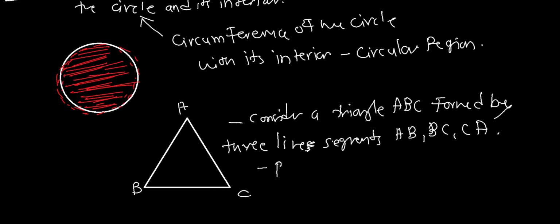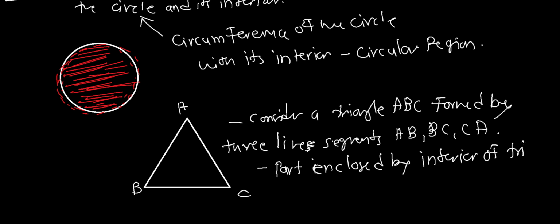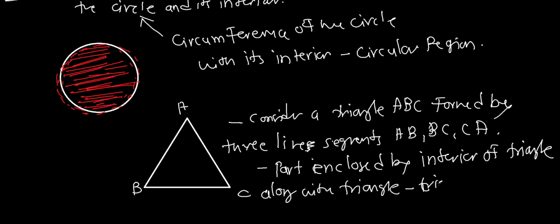So the part enclosed by the interior of the triangle along with the triangle, that is the boundary of the triangle, is known as a triangular region.